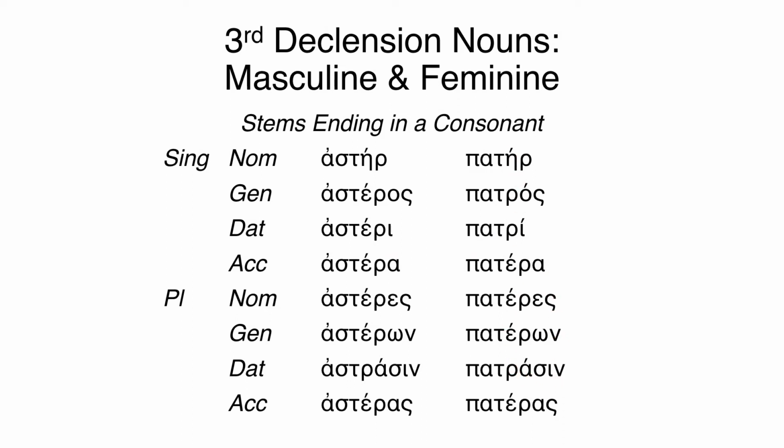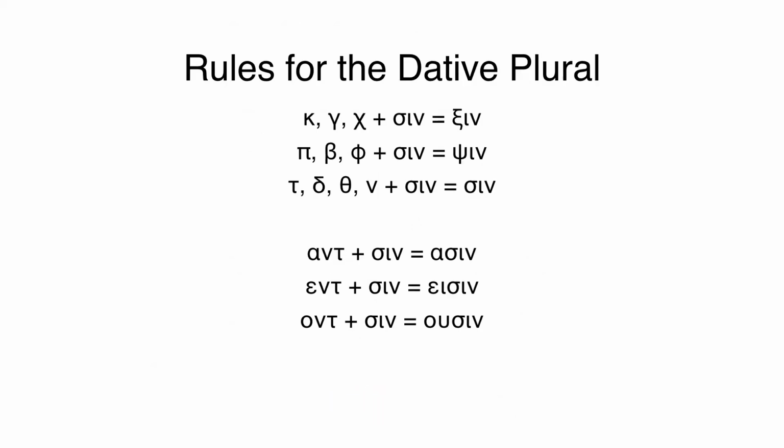Now, there is one set of rules that we need to learn when forming this dative plural form, because remember we have this slight variation with the epsilon dropping out and the astrasin. When certain letters combine with a sigma, we have a change in the spelling. We've seen some of this before, and some of this will be a refresher, but some of it is also new.